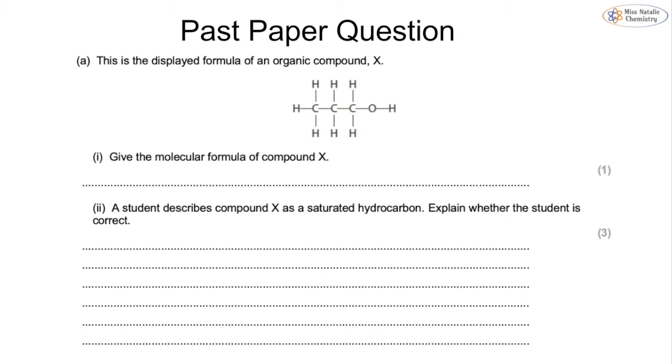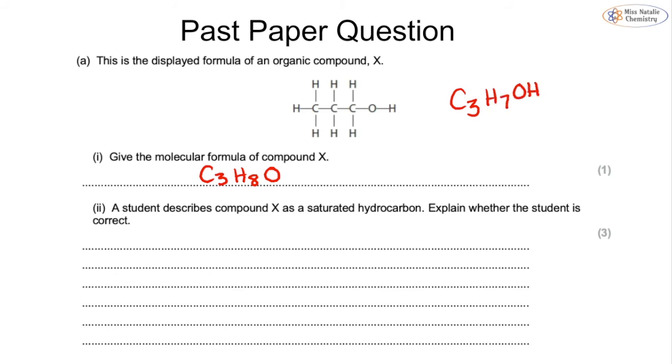So in this question, we're given a displayed formula and we're asked to give the molecular formula of the compound. Now that's nice and simple, it's just counting. So we have 3 carbons, 8 hydrogens and 1 oxygen. A trap that some people fall into would be to write C3H7OH.